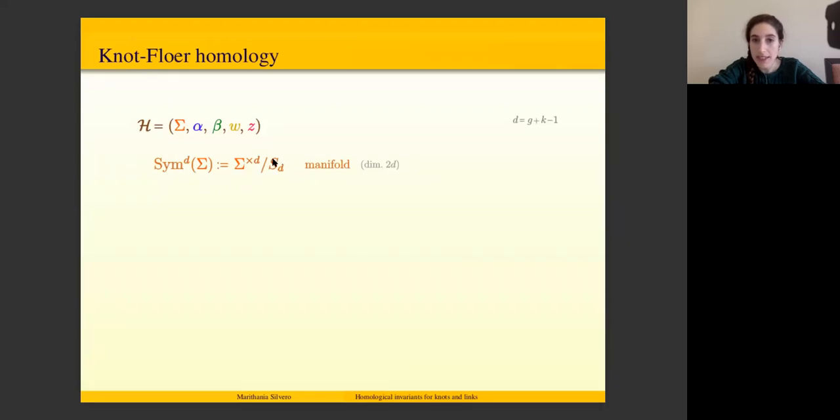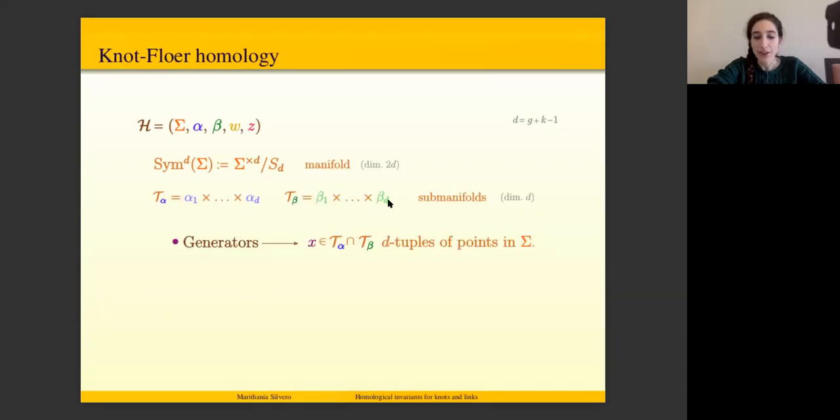The symmetric group acts on this manifold by permuting the factors. Then here we can consider those submanifolds of dimension d: T alpha, which is the product of the alpha curves, and T beta, which is the Cartesian product of the beta curves.